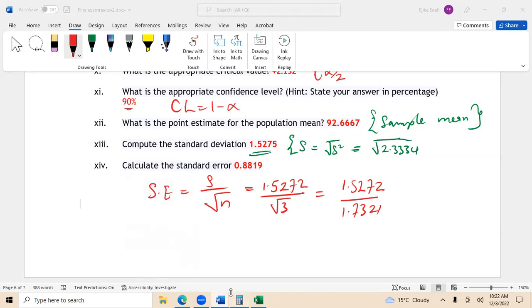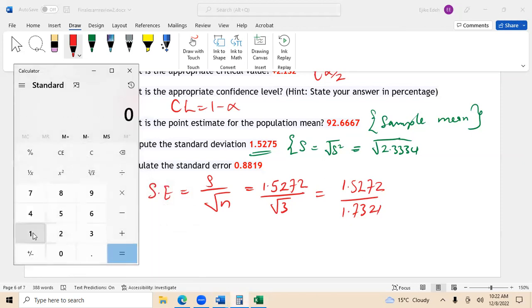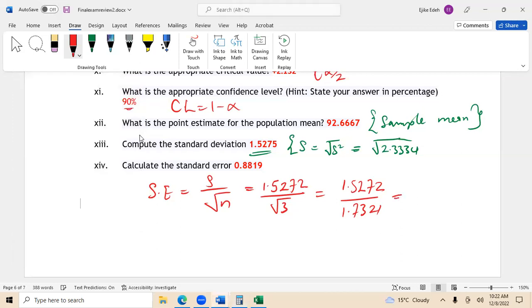So I just divide those two, and that's my standard error. 1.5272 divided by 1.7321, and I have 0.8819. Okay, so this differs slightly, but it's okay. 0.8817 is what we have here. So if you get up to 2 decimal places, the rest will be ignored. Okay. So you have that question on that.